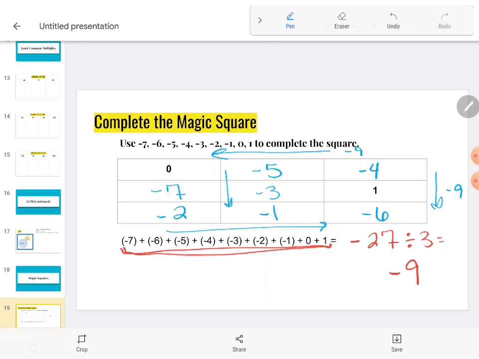We're going to double check these just to make sure that they're correct, because there's always the chance that something is wrong.